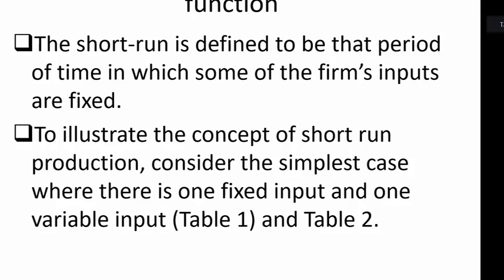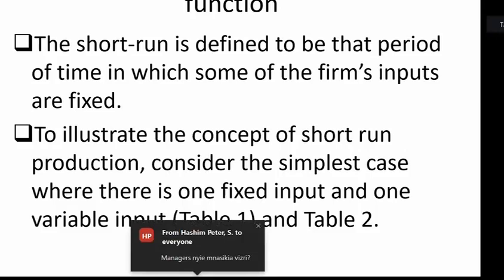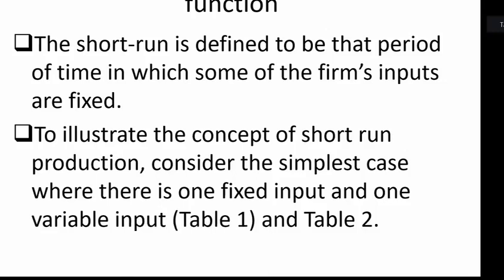For example, when you start an investment, you need to think about land, right? You need to think about capital, that's investment capital. That is short run production. Initially, you have to buy land, you have to buy capital. So you can simply illustrate this in the curve.